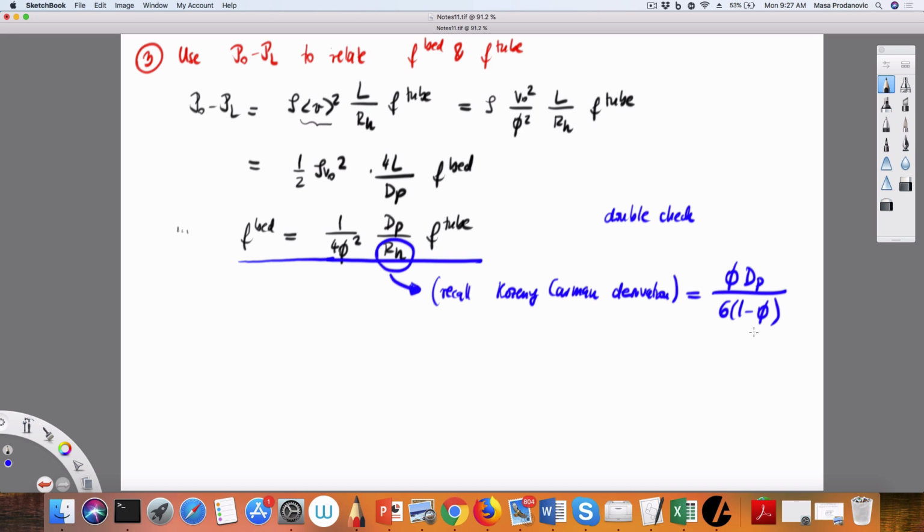And that is cool. I know particle diameter and porosity are two things that I do know about the sphere pack. So that gives me my F bed as 3 over 2, 1 minus phi cubed, F tube.